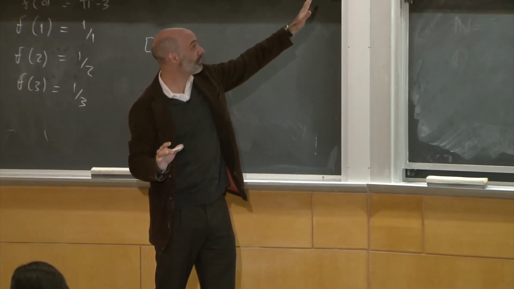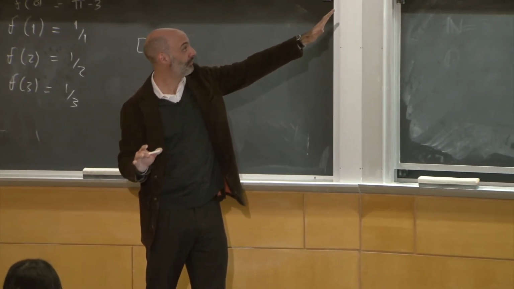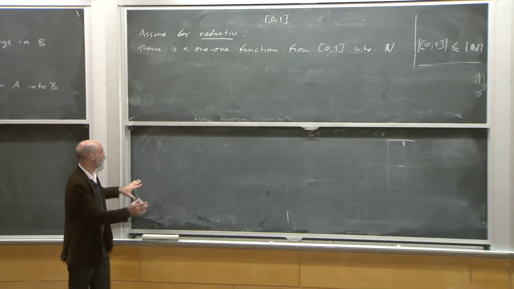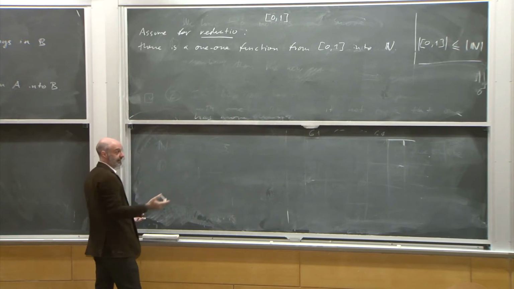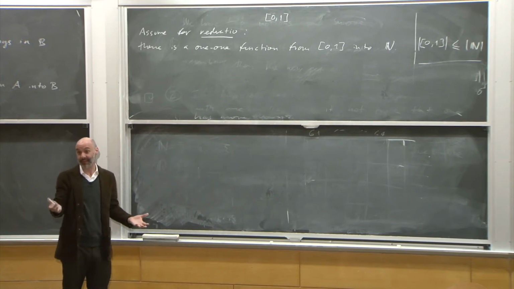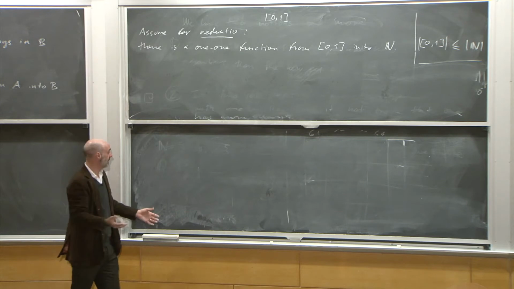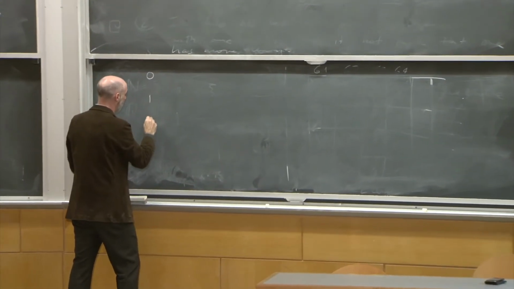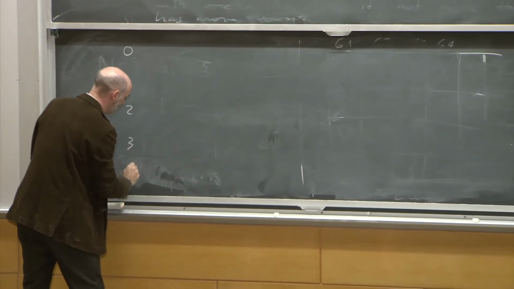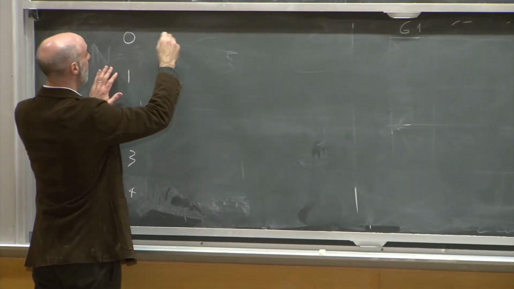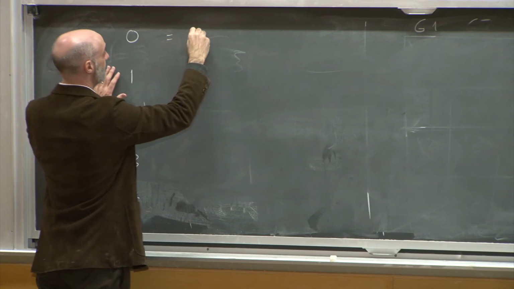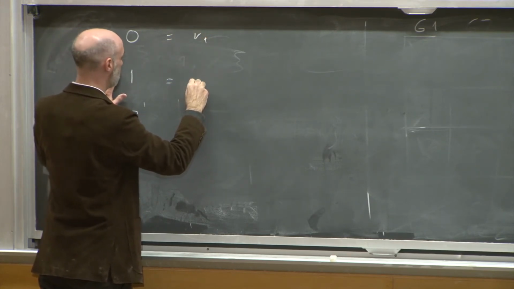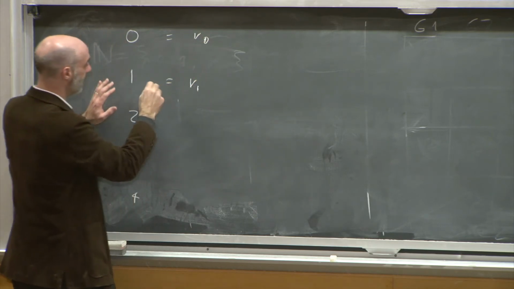We're assuming that there is a 1, 1 function from the real numbers into N. So let's just write out what the beginning of that function looks like. What it means is that a bunch of natural numbers got assigned real numbers. So maybe 0 got assigned that one, 1 got assigned that one.